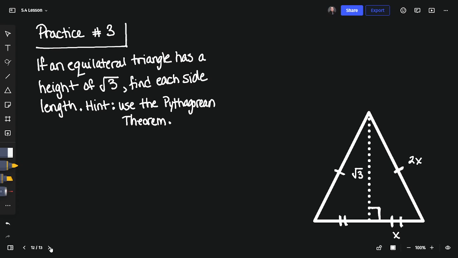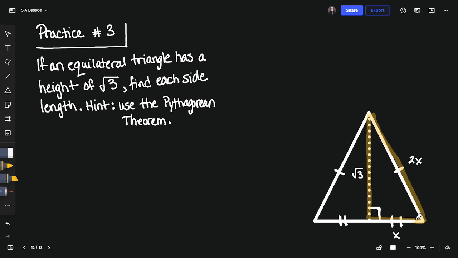Ready? Okay. We have this right triangle that was created by the height of the equilateral triangle intersecting with one of its sides.